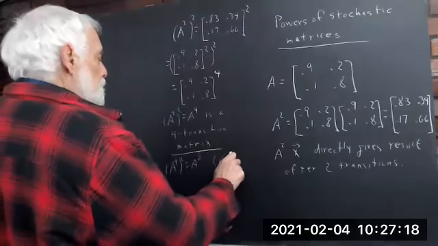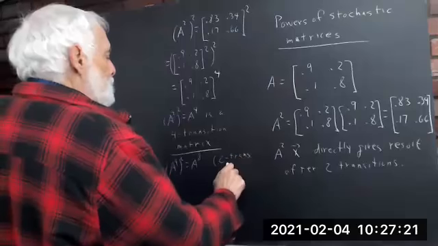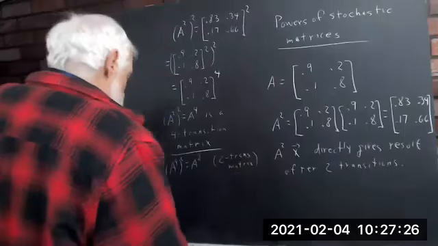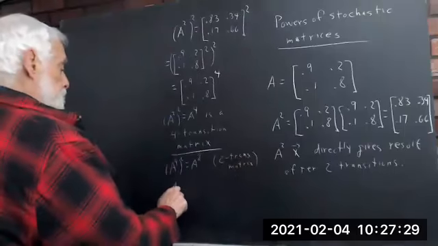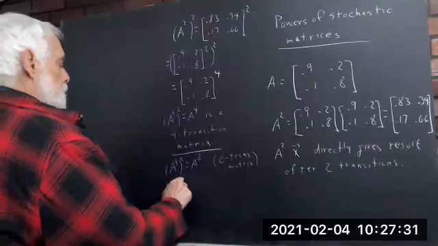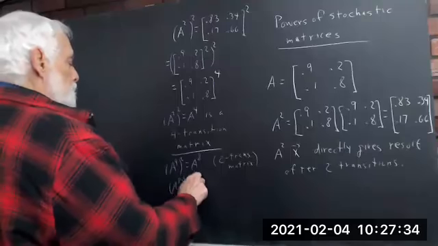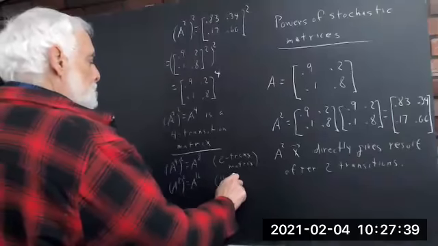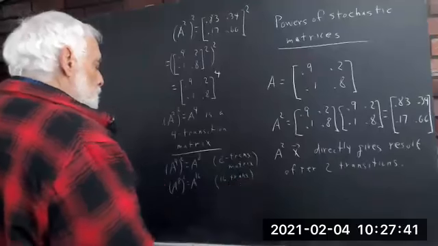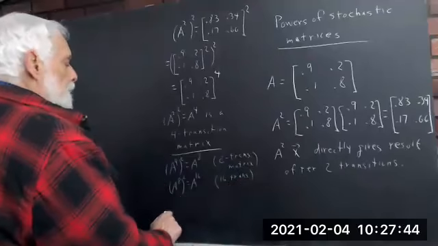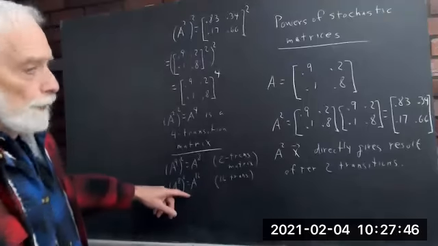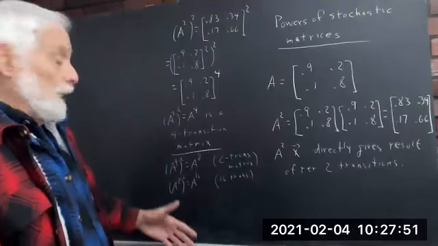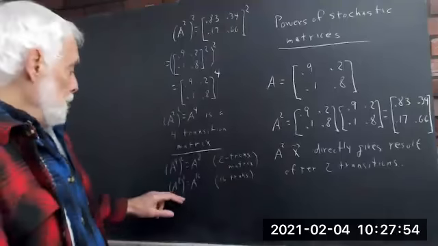This is an 8 transition. A to the 8th squared equals A to the 16th. 16 transitions. Then we get A to the 32nd, then A to the 64th, then A to the 128th. So we have a 128 transition matrix in just 3 more steps.